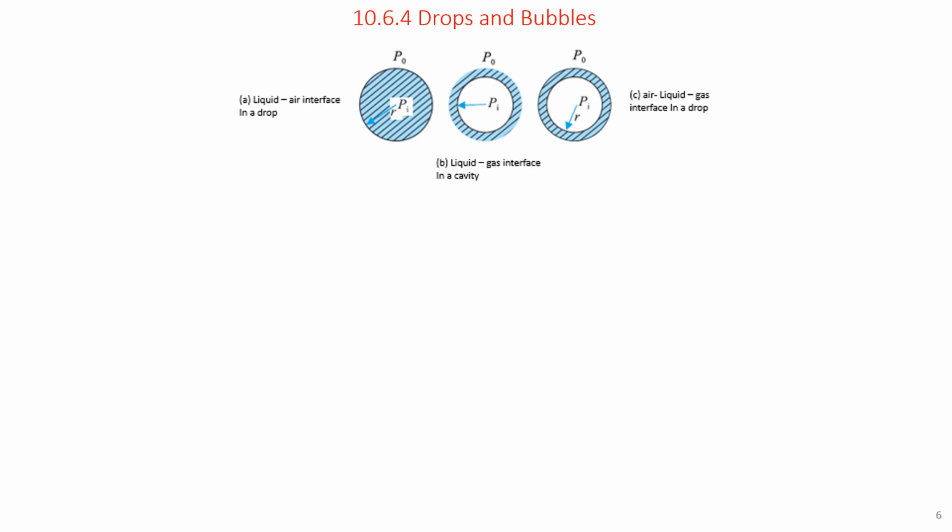In this section, we will study three cases: case A, the liquid-air interface, that is a drop shown in the figure above; case B, where a liquid-gas interface is formed in a cavity; and case C, the air-liquid-gas interface, that is a double interface, air to liquid and liquid to gas, in a bubble. Let us study in detail.